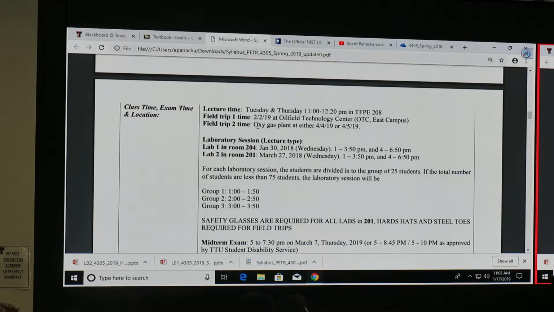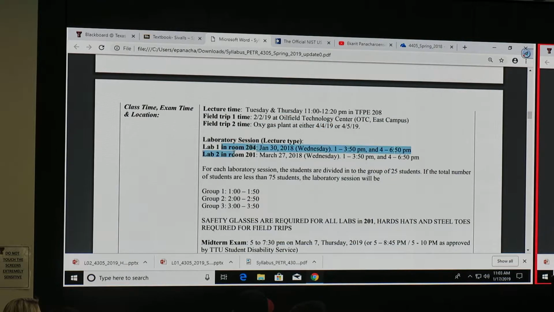For the oxygas plant, we will schedule it a little bit later. Basically, you come here with a hard hat, safety glasses, steel toe shoes, with FRC if you have, or long pants, long sleeve shirt, and we go there. More detail later, that is in April.